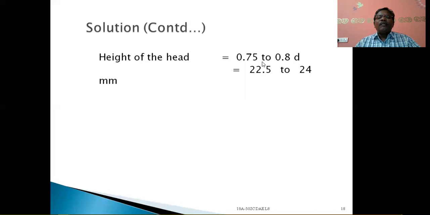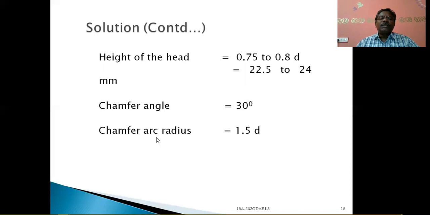That value may be 22.5 to 24 mm. So chamfer angle, same as in all the previous cases, is 30 degrees. So chamfer arc radius will be 1.5D, that will become 45.